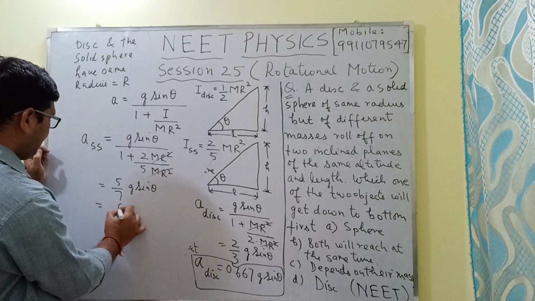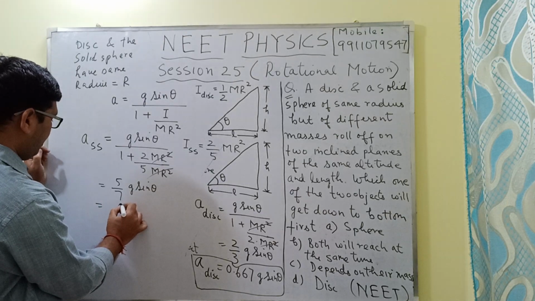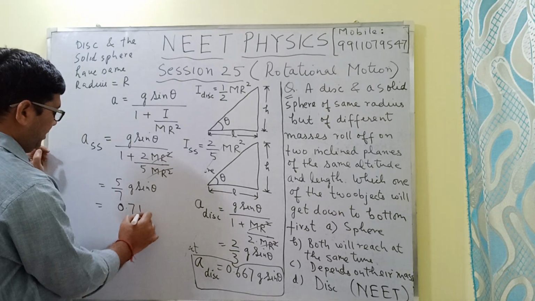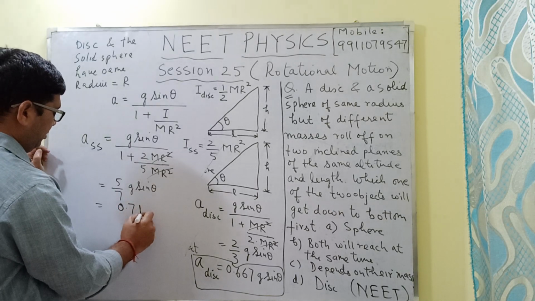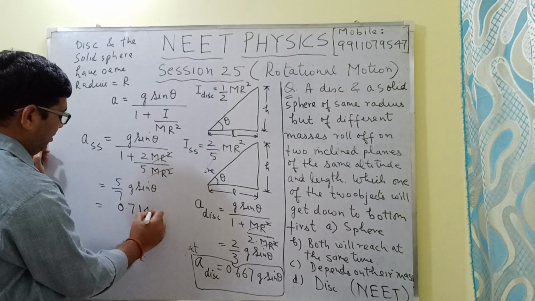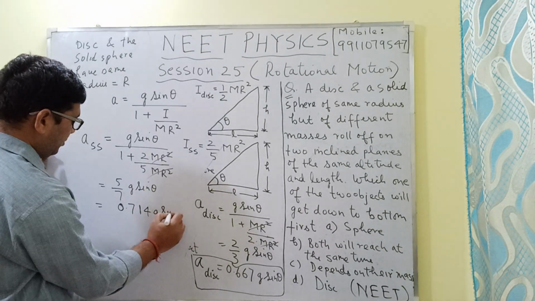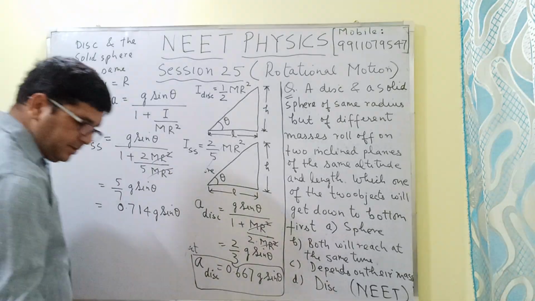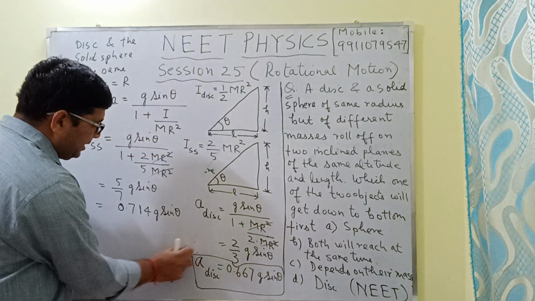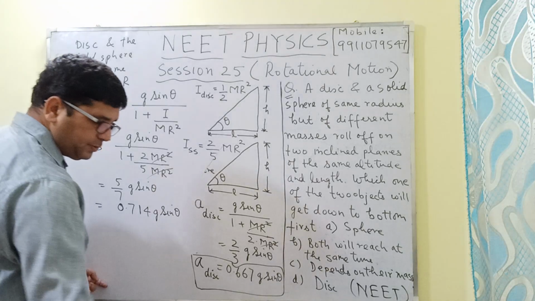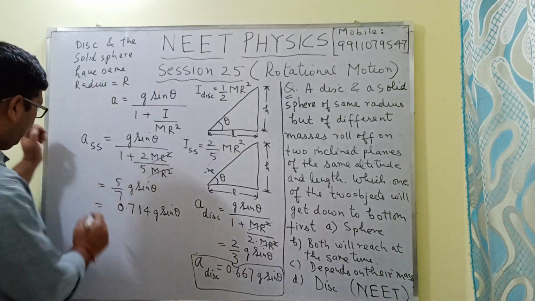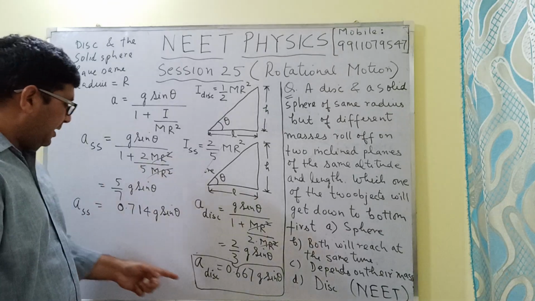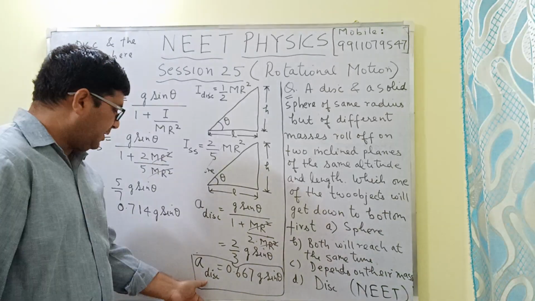or it can be written as 0.714 g sin theta. So from here you can easily see that the acceleration of the solid sphere is more than the acceleration of the disk.